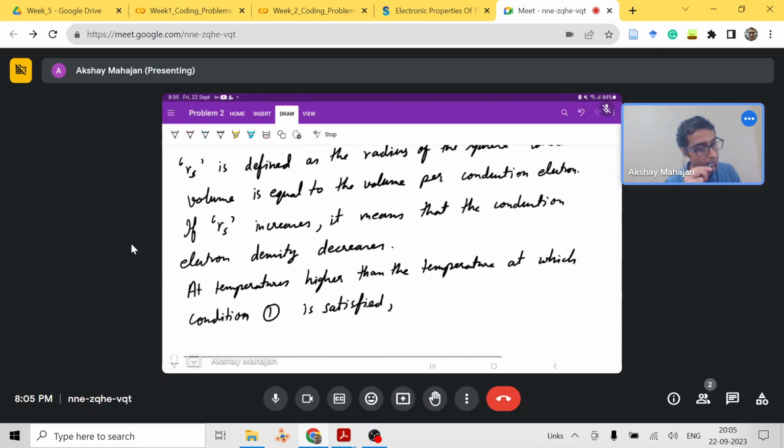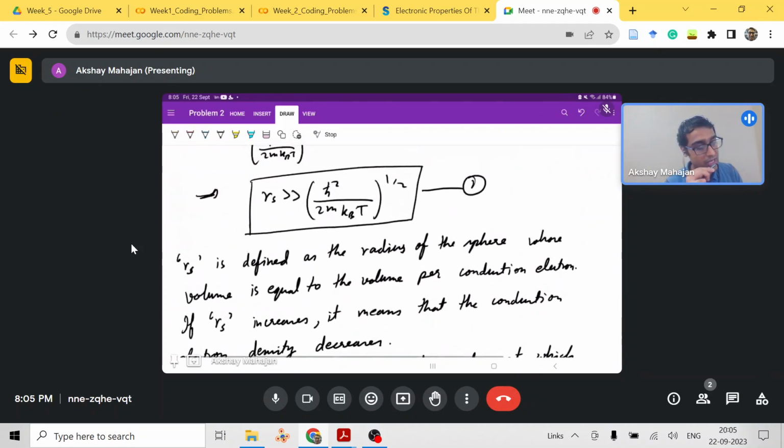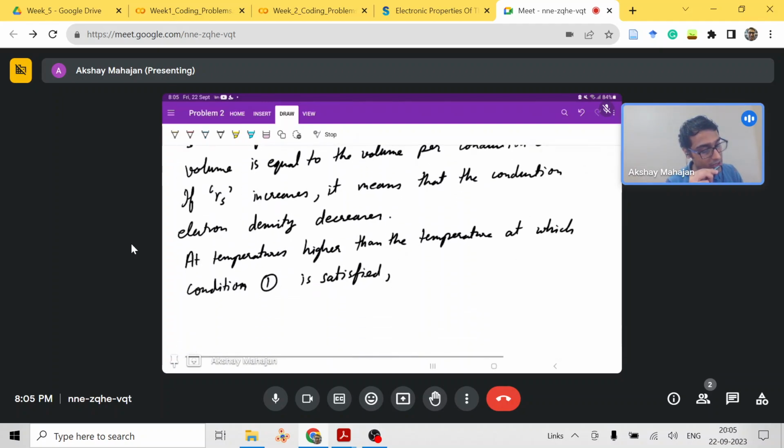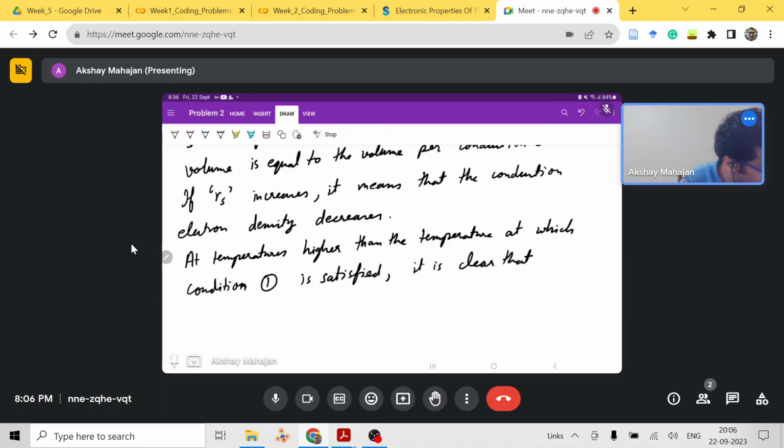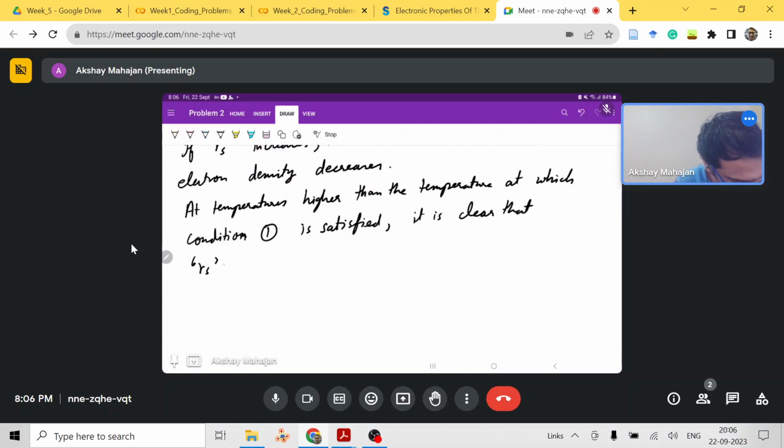So we will increase the temperature to get condition 1, and at temperatures higher than the temperature at which condition 1 is satisfied, it is clear that rs is also large and electrons are more free to move.